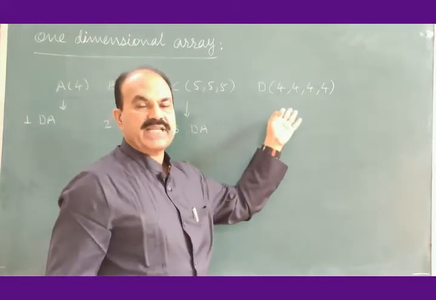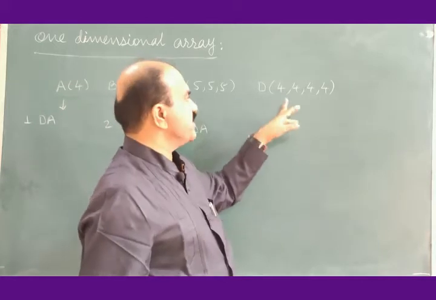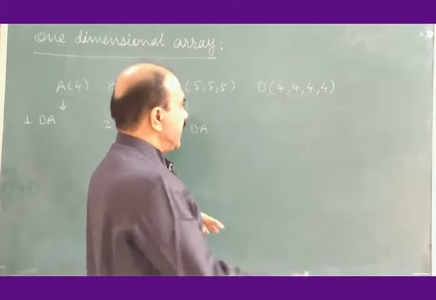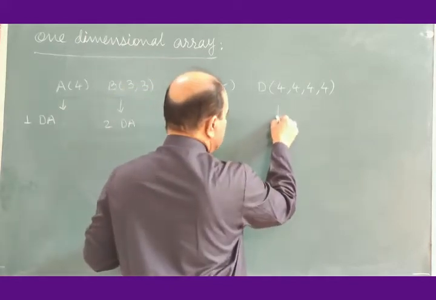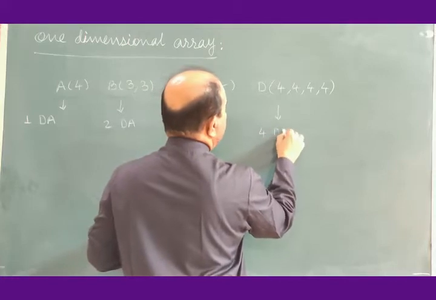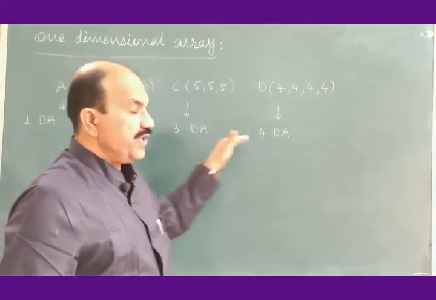This one has four subscripts, 1, 2, 3, 4, and so you may call this a four-dimensional array. This way you can continue.